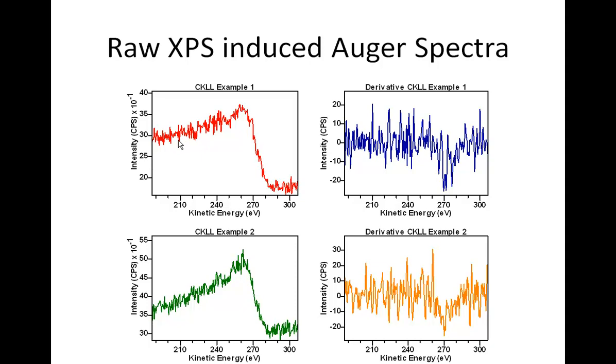These are the raw data, and if we just directly differentiate these raw data using a 5-point quadratic Savitzky-Golay, then we end up with differentiated spectra that are incredibly noisy and not very open to a calculation of a maximum or a minimum in the signal over the energy interval of interest. So this is why in this video we're going to look at different techniques other than the basic Savitzky-Golay type differentiation that will allow the calculation of images as we saw earlier.